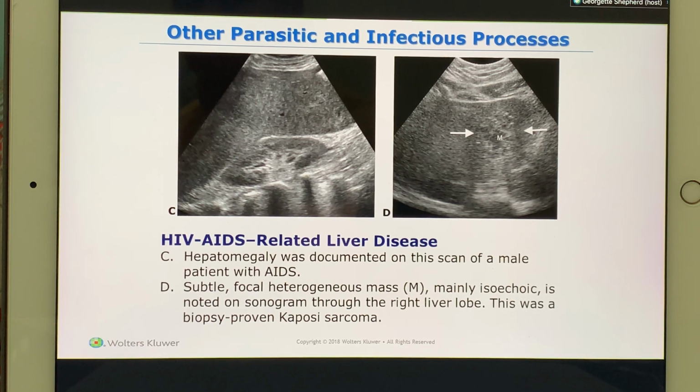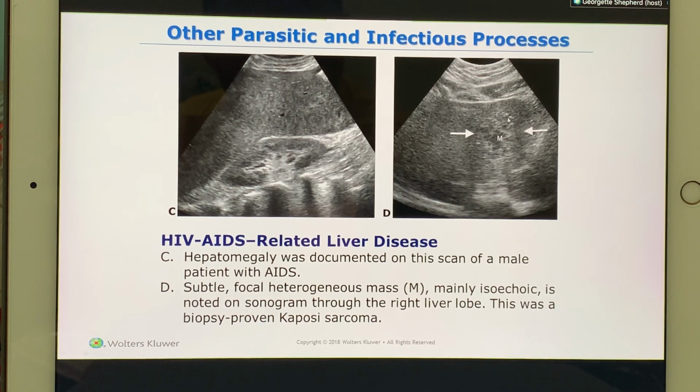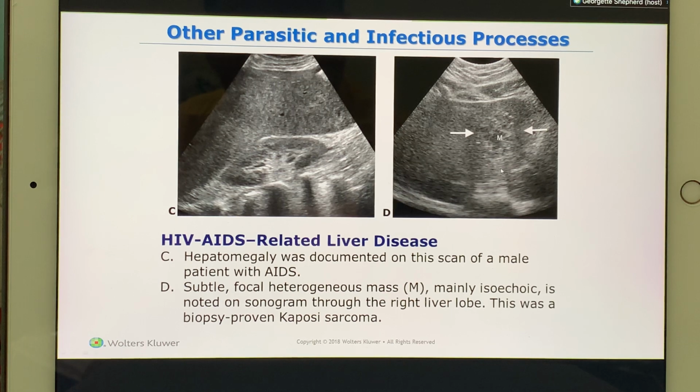Here you have hepatomegaly, and here is a sarcoma once they did a biopsy. A sarcoma can cause lesions on the skin, and it can attack the internal organs also as a heterogeneous mass.